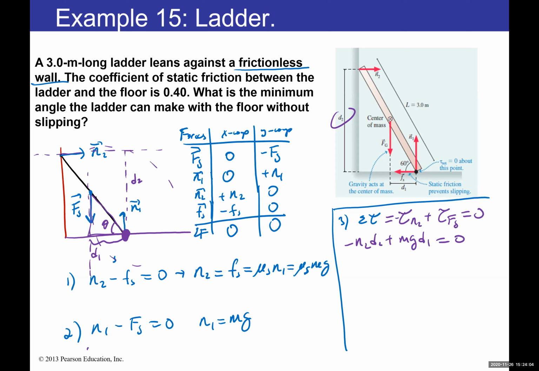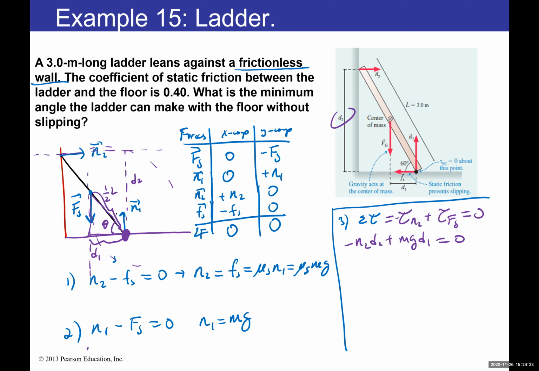For the gravitational force, D1 is the adjacent, and this distance, which is half of L, becomes the hypotenuse.